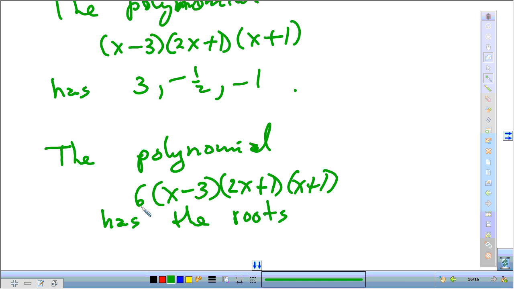Or I have a common constant factor. So many different polynomials may have exactly the same roots, but then the only change from one polynomial to the other in that case is a common constant factor.